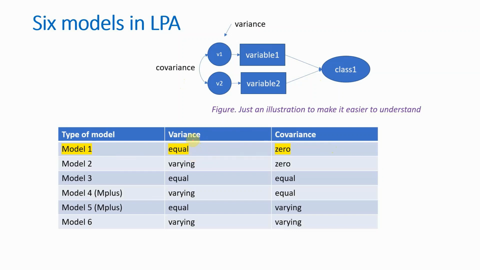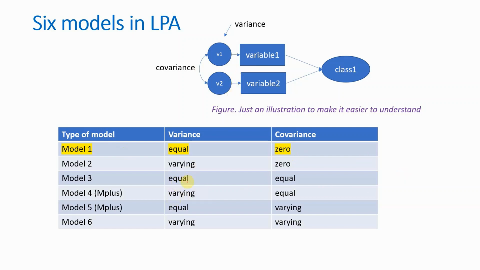Equal variance means you assume that each variable is similar in terms of the error, so V1 and V2 are similar. Covariance is the connection between the two. If you choose model 1, that means you assume 0 covariance. In other words, there is no relationship between variable 1 and variable 2.